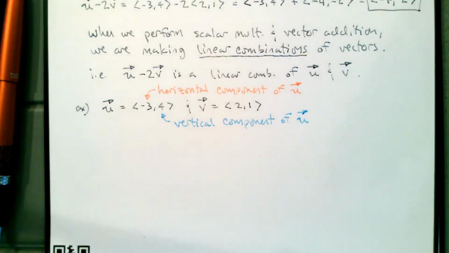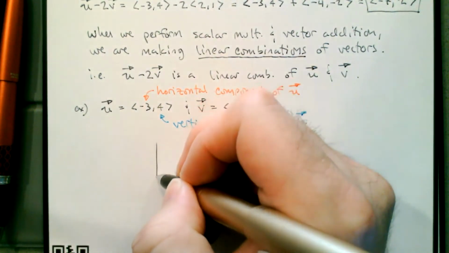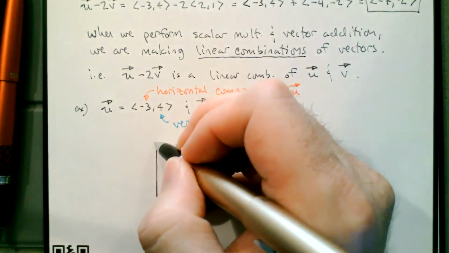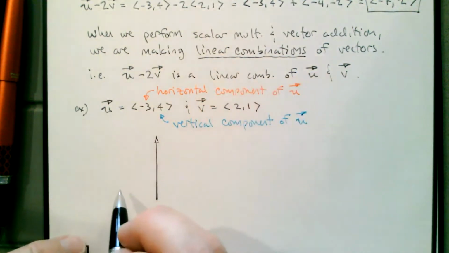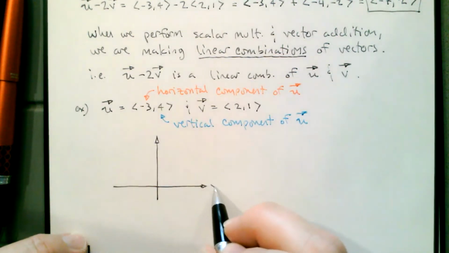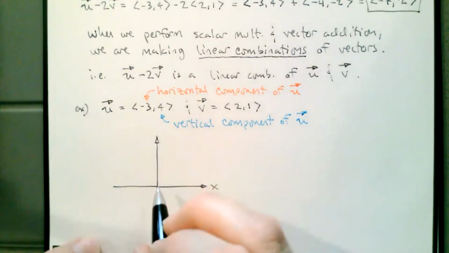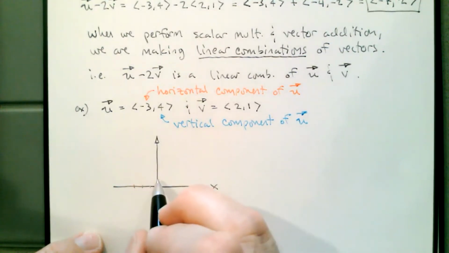In standard position, we have the initial point at the origin and the terminal point determined by the components. So the vector u at negative 3, 4.